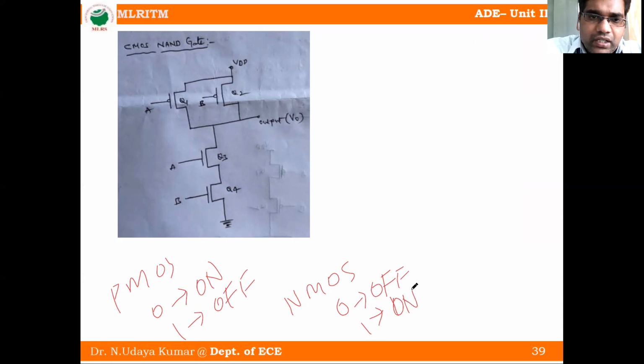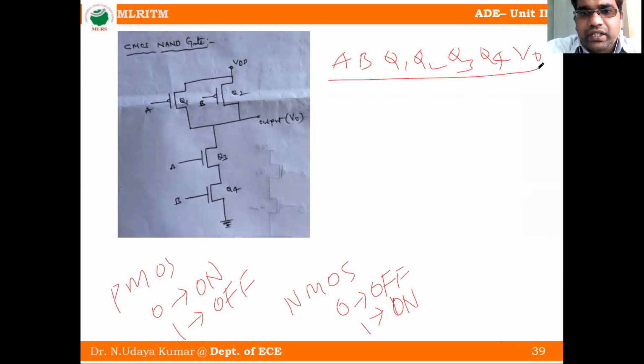We will see the truth table. A and B are the inputs, the transistors are Q1, Q2, Q3 and Q4, and the output we will take as V0. We will see one by one.